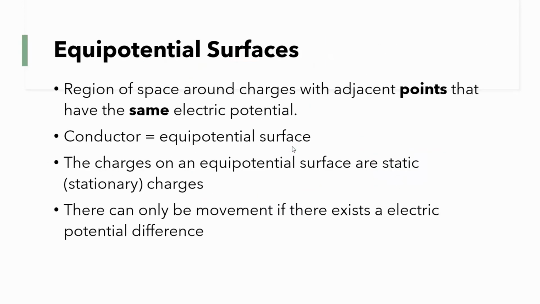Yun ay meaning ng equipotential surface. So, fun fact, a conductor has equipotential surface. Charges on an equipotential surface are static charges. Mga facts lang naman to. Pero ang main na tatandaan is siya ay regions of space with the same electric potential.